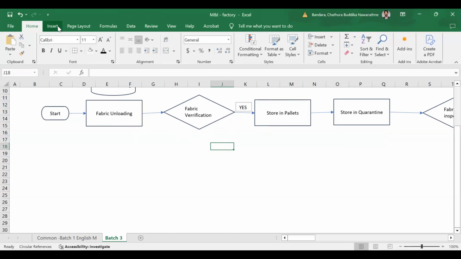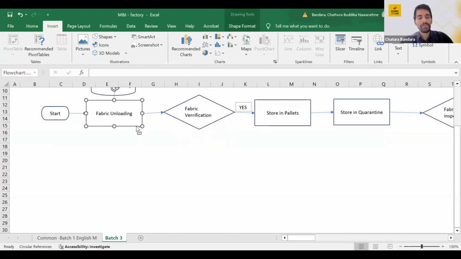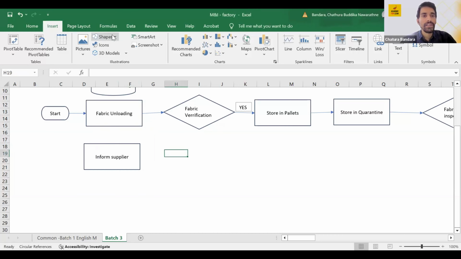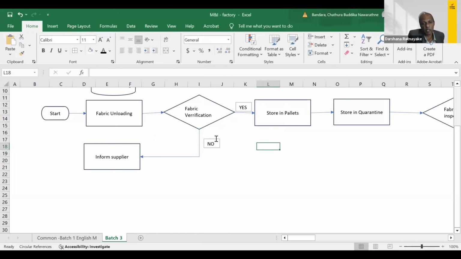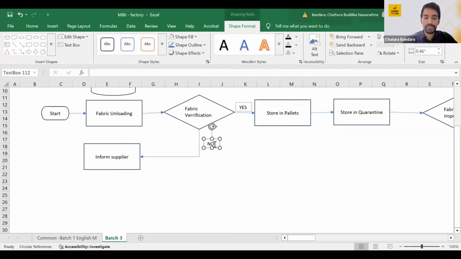Inform the supplier. Okay, so I'll put a box here: informing the supplier is a process, and then there will be different processes. We take this arrow and connect it here. So this is the no process. Later we'll come to the numbers. For now we put only yes or no, pass or fail.